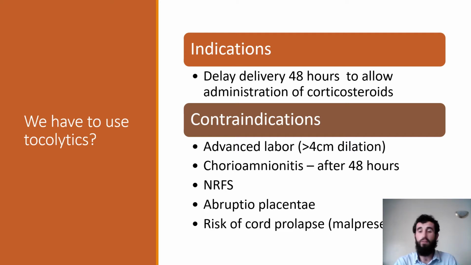First, we can't give tocolytics in advanced labor, when the dilation is over 4 centimeters, in the second phase of the latent period. Also, it's totally forbidden to give tocolytics in chorioamnionitis or in any infection after 48 hours of ruptures of membrane, because of the probability of colonization and subclinical infection because of the period of ruptures of membranes.